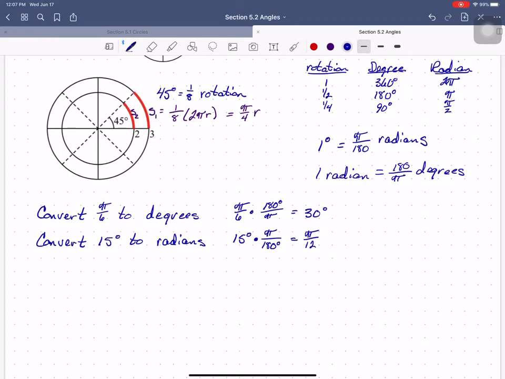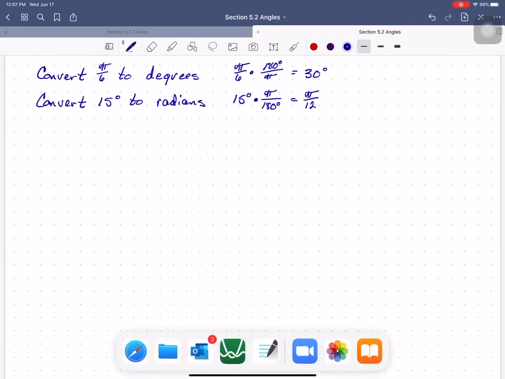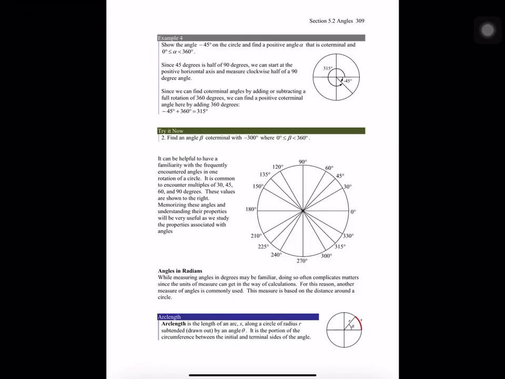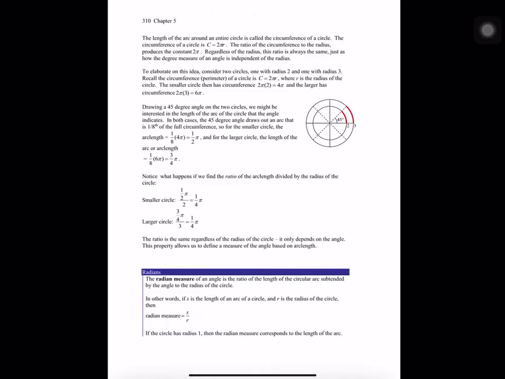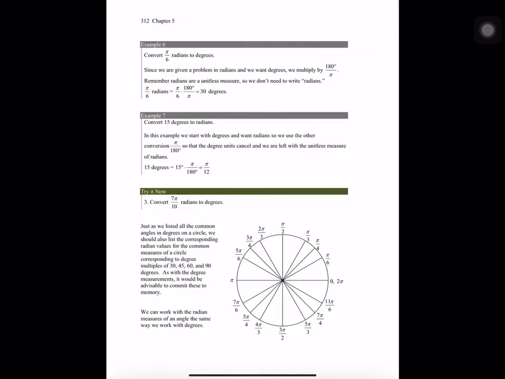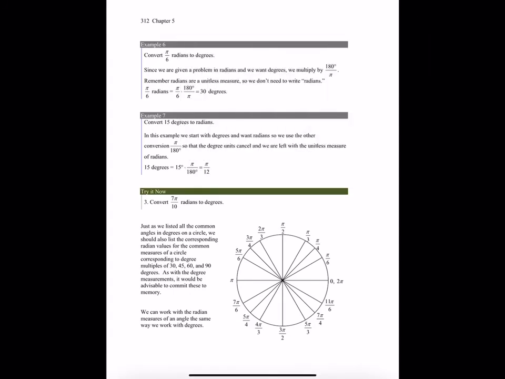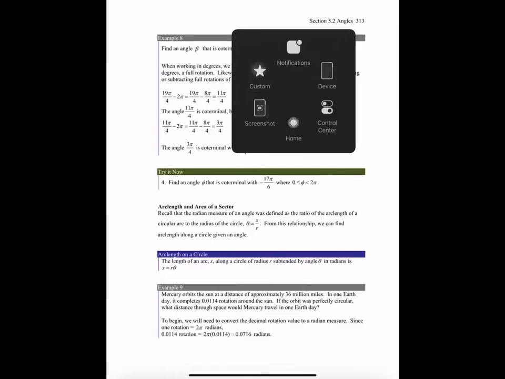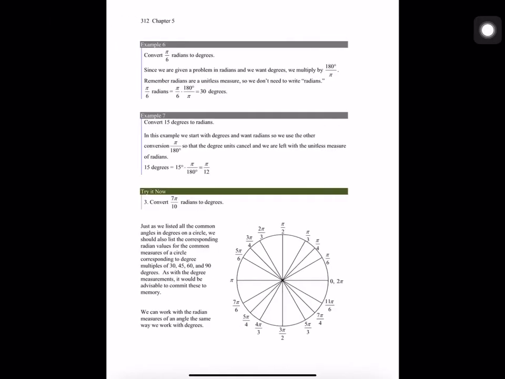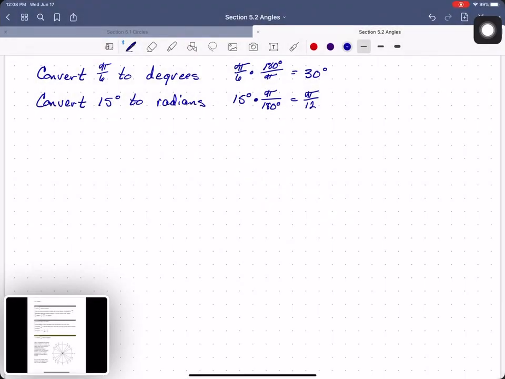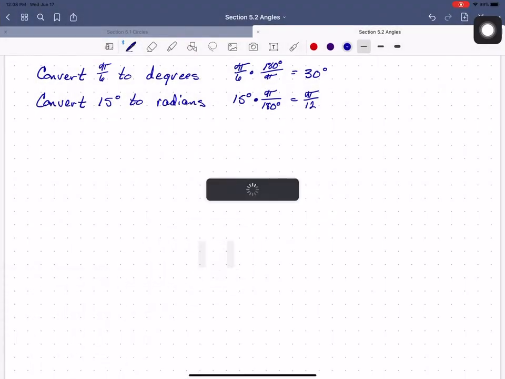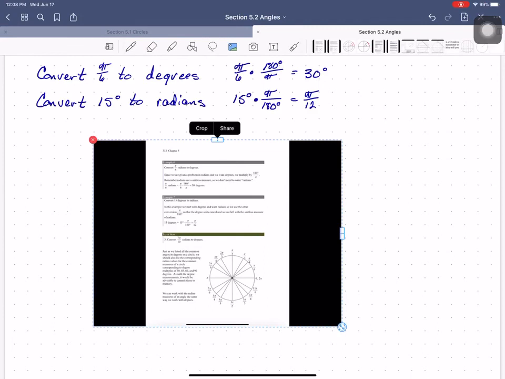All right, and that now brings us to the point where we can talk about our unit circle in radians. So just as we had a unit circle that depicted our special known angles in degrees, we can depict those same angles in radians.